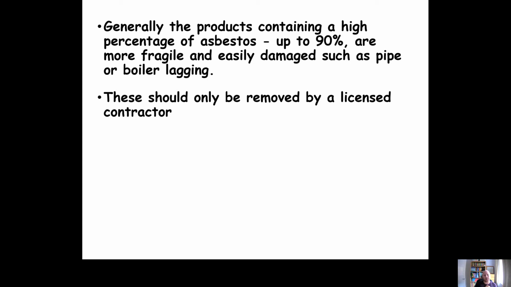As long as it's undamaged, you're at very little risk. But if products contain a lot of asbestos, they should be removed by a licensed contractor. For lower risk things like the asbestos cement cisterns, a plumber could remove them, but they would have to take the cistern to a licensed waste disposal centre to have it disposed of correctly.